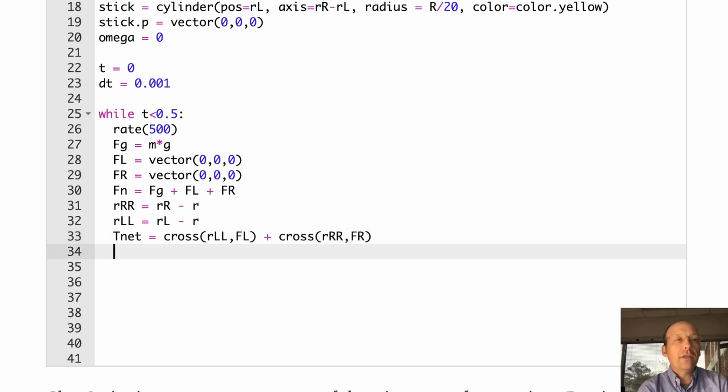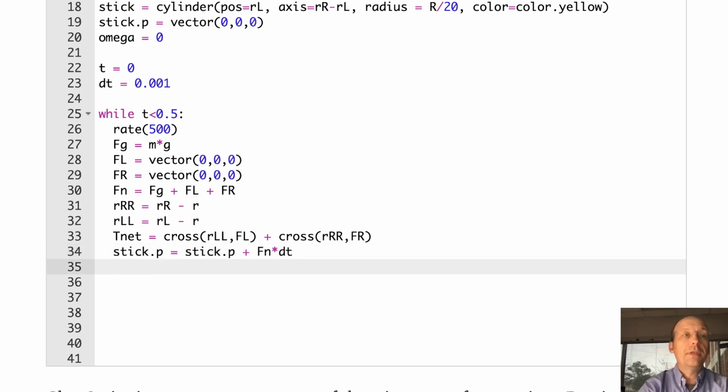Next, I'm going to update the momentum. So stick.p equals stick.p plus Fnet, which I'm just calling fn, times dt. So this is the final momentum, and this is the initial momentum. This is a make-equal-to sign, not an algebraic equal sign, so just be careful about that. Now I want to update the angular velocity.